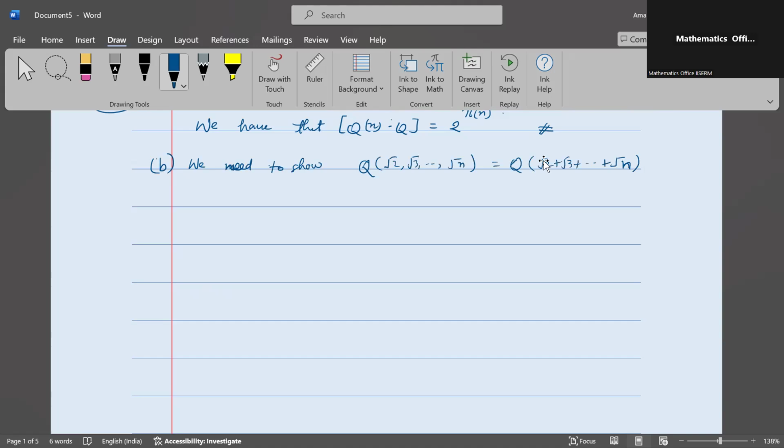If you remember in the same week 7 question where we had distinct primes, we have already seen that for distinct primes P1, P2, ..., Pn, we have Q(√P1, √P2, ..., √Pn) is the same as Q(√P1 + √P2 + ... + √Pn).